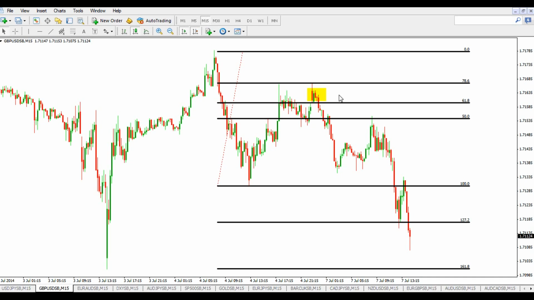So 7 to 10 pip stop loss for 25 pips take profit. Do the odds, that's quite good odds, about 4 to 1, give or take a few pips. That's potential region 1. That's a very good trade. 4 to 1 is what loads of people would take.